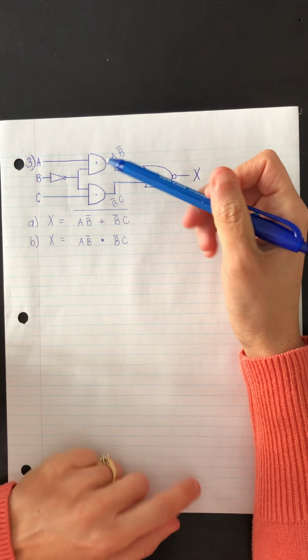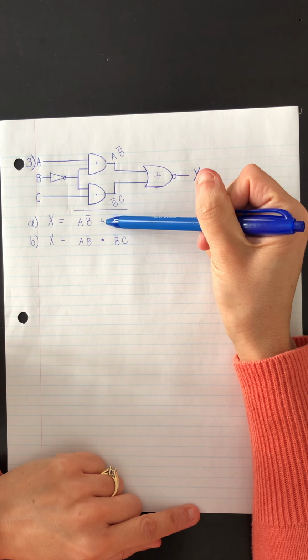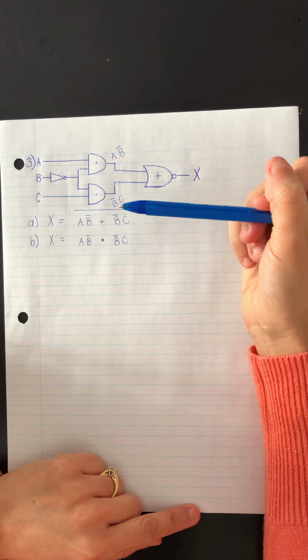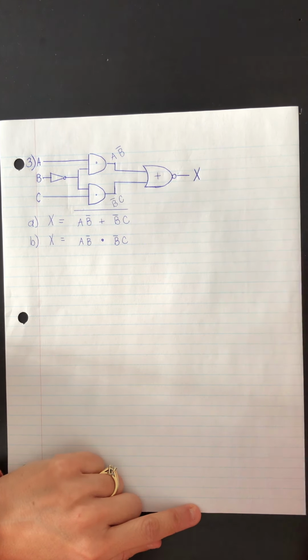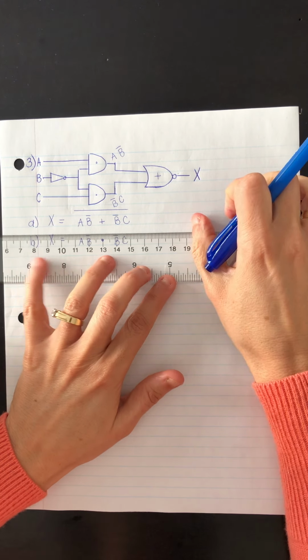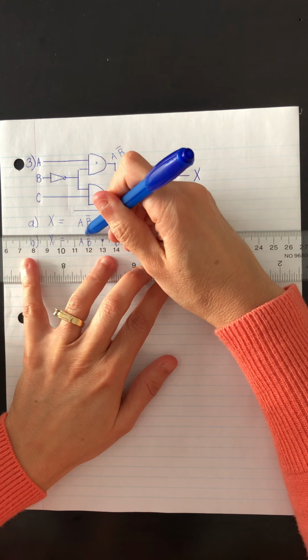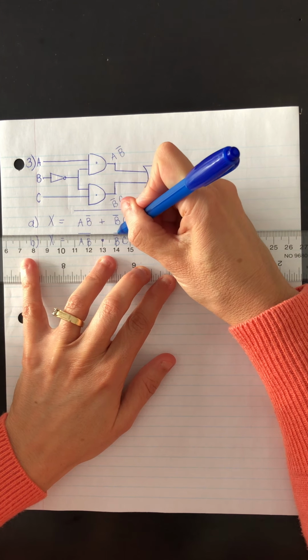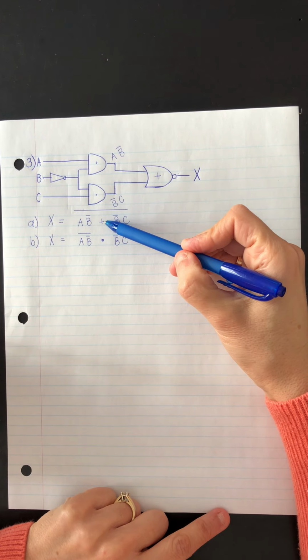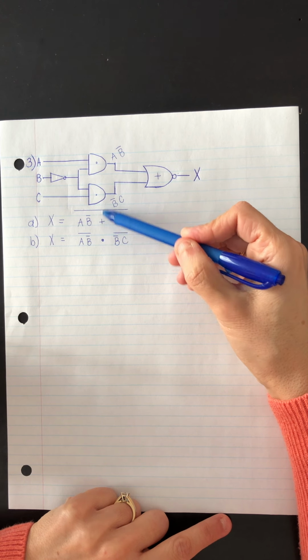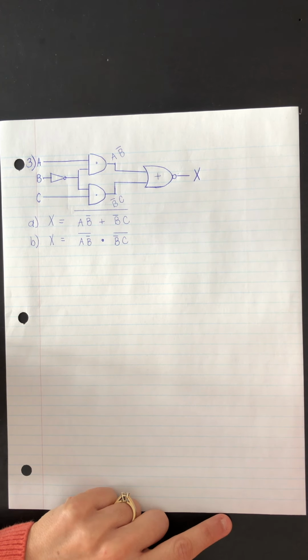Okay, so you can see here all I did so far was take the adding, change it to multiplying. The bar breaks right here now. So what does that mean? It means there's going to be a bar here and a bar here, like that. So the operation changed and the bar broke. Okay, so that was De Morgan's law.